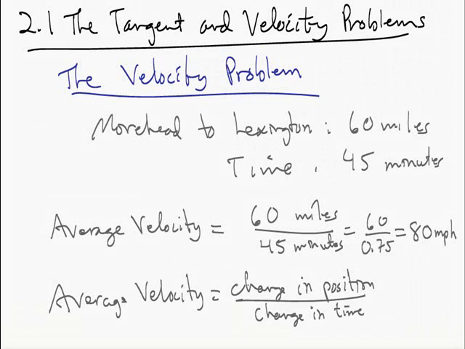So we're looking at the change in the y values of a function divided by the change in the x value. Well, if we think of our y values as our position and our x values as time, then we can think of the tangent line problem as looking at average velocity. The secant lines we can think of as average velocities. So I don't know if that makes any sense. Let's look at an example and maybe we can make some sense out of that.